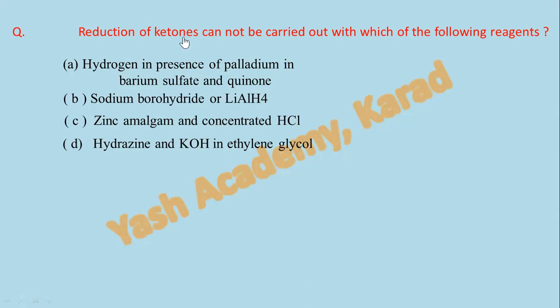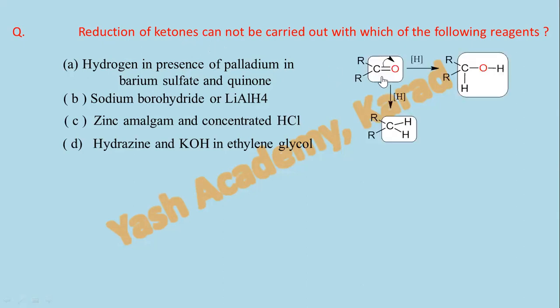Reduction of ketones. So ketones, that is RC double bond OR, on reduction give two different products. Either a secondary alcohol, CHOH group, or C double bond O is reduced to a CH2 group, that is the methylene group. There are only two possibilities. Now, for the reduction of C double bond O to CHOH as well as CH2 group, you have to find out the correct option.